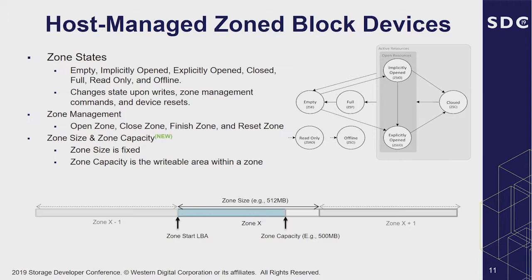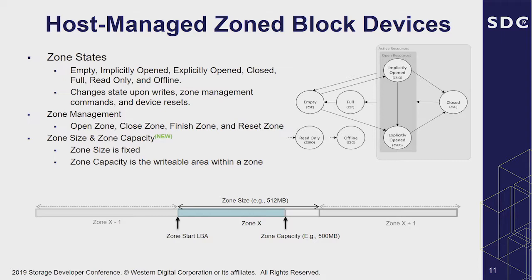And then the zone will transition to the closed state in one of two cases: either you tell it to close and tell the device to free up any resources associated with that zone, or the device will do it itself if it runs out of resources and has to close the zone. Then it will go back to either implicitly open by just writing to it, or to explicitly open if you send an open command.